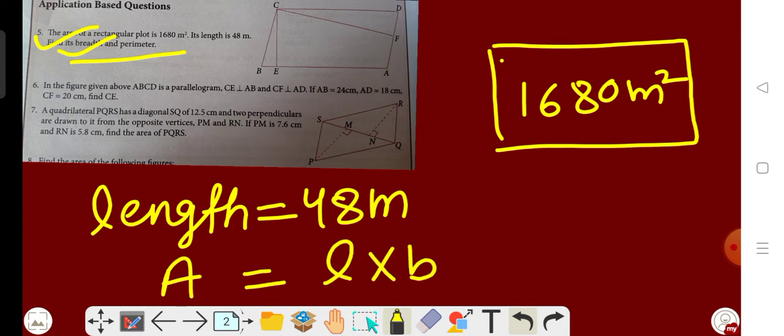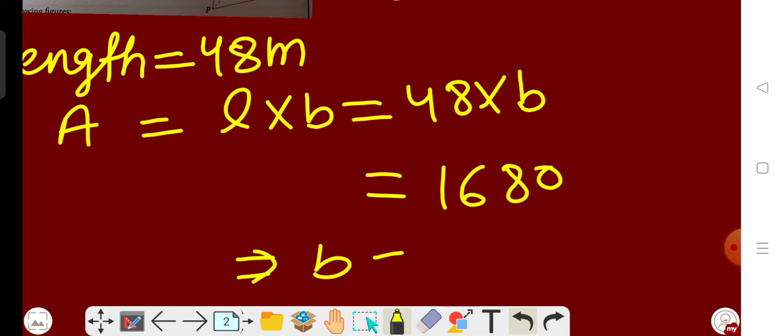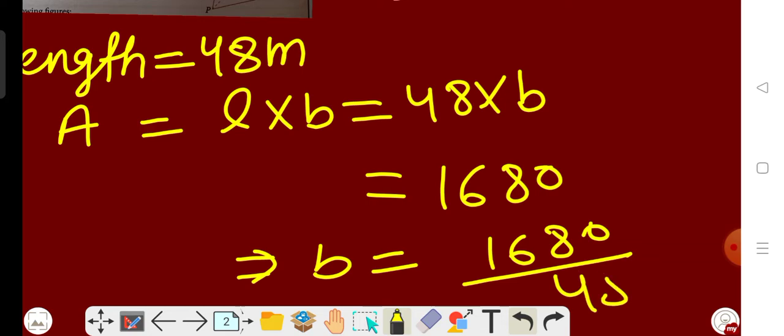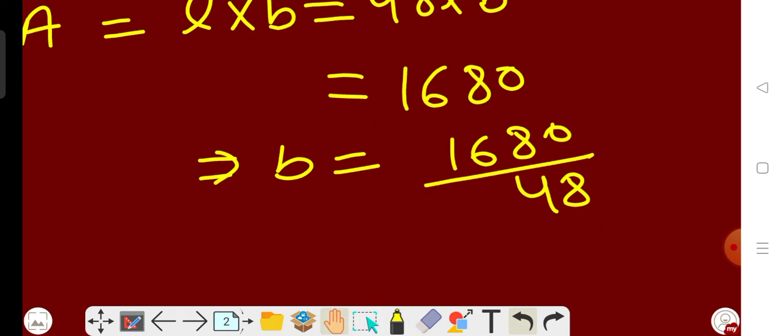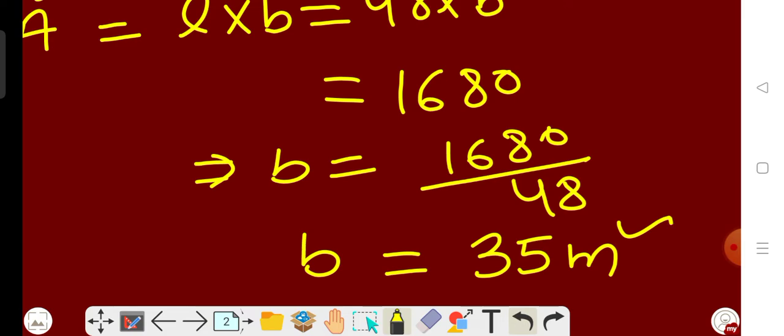Length multiplied by breadth, that is 48 multiplied by b, and this is equal to 1680. So b is equal to 1680 divided by 48. After division, the value of b, that is breadth, is equal to 35 meter.